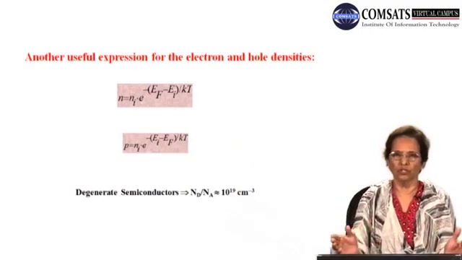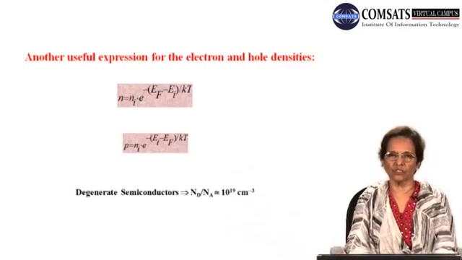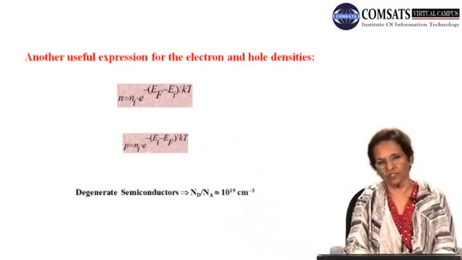We will have to use some other relationship for such high dopant impurities, and materials doped with such a large concentration are therefore termed degenerate semiconductors.